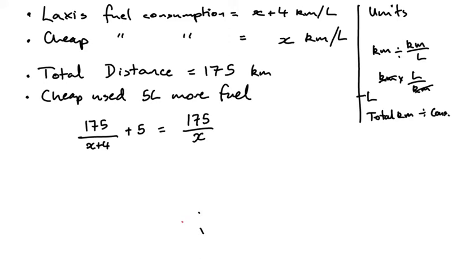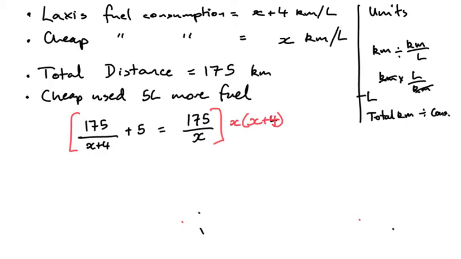From here it's still pretty ugly. The quickest way to make it look nice, multiply through by a common denominator. Now in this case that's just X times X plus 4. If I do that, and why did I write 5? It's X plus 4. Getting carried away there. Still learning this thing.